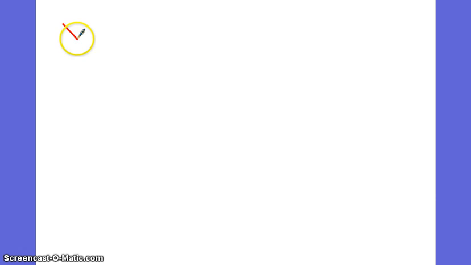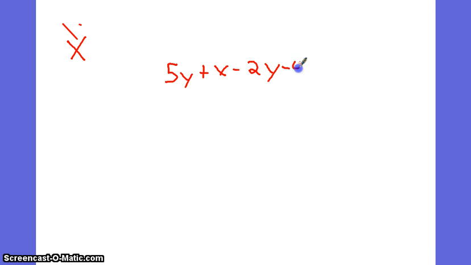Let's solve for x on this one. 5y plus x minus 2y minus 4 plus 3x equals 0. All right. I want to solve for x. So I want to get everything that I can away.